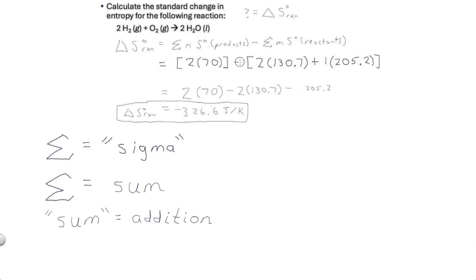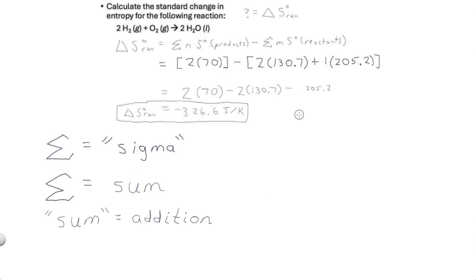However, because of this subtraction symbol, mathematically we cannot simply drop these brackets around the sum for the reactants. Instead, we need to distribute this subtraction symbol over each term for the reactants.